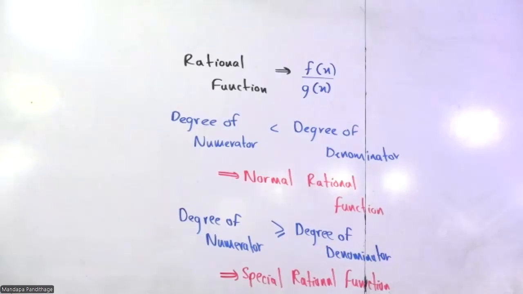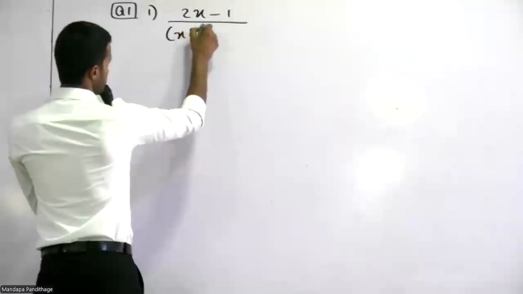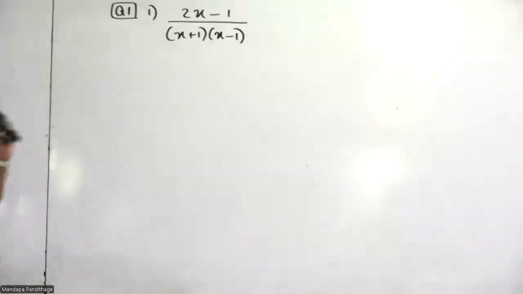Now I need you to properly focus. This is the first question that we will be doing. I'm asking you to split this into partial fractions, or decompose this into partial fractions. So this is the tute. I have given a tute for this basic algebra. The first 4 pages are the same basic mathematical concepts that we used to have, then recurring decimals, and inequalities.